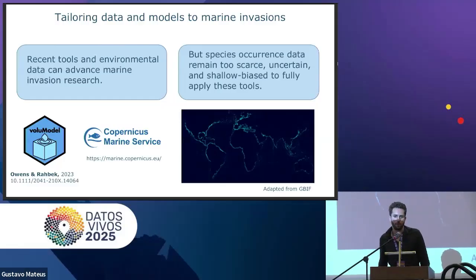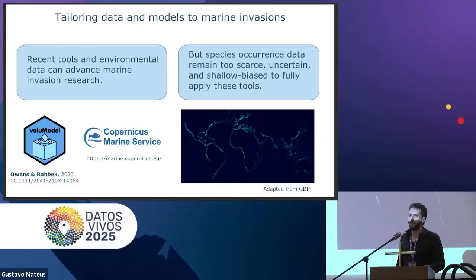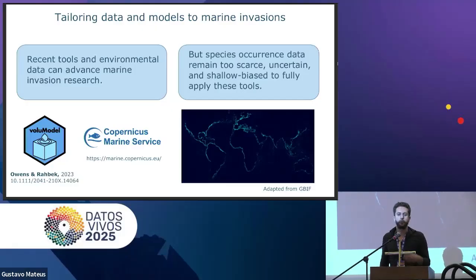There are recent tools and products of environmental layers that are fit for that. So the volume model package by Hannah Owens and Carsten Rabeck, for example, allows us to produce ecological niche models in 3D. And it was very difficult to use at the beginning because we didn't have the layers.